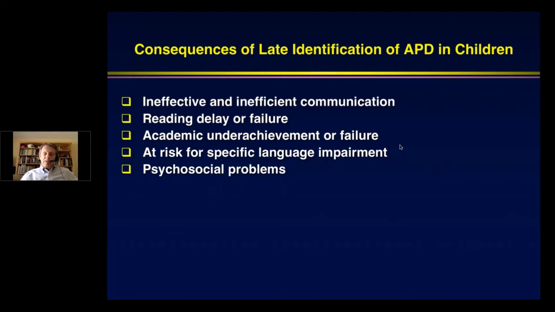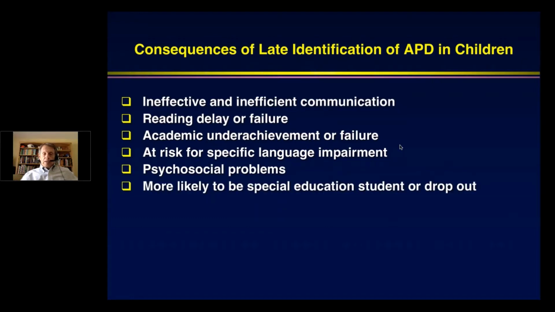So from my point of view, if for no other reason, this is a good reason for audiologists to identify children with APD. Why should a child go around suffering with psychosocial problems? And we'll list them at the workshop. But, irritability, frustration, anger, being very discouraged, being even depressed. Why should a child put up with all that when in fact all of it could be eliminated if we address the APD?